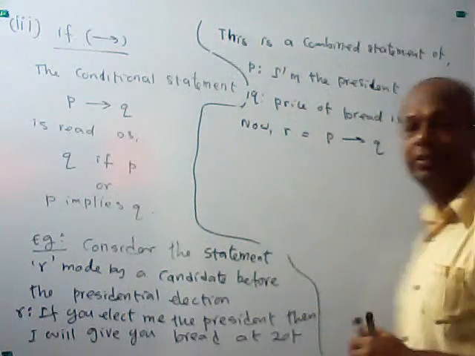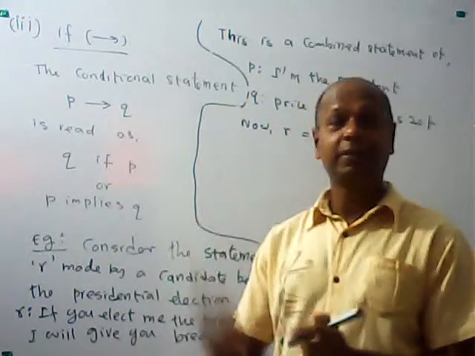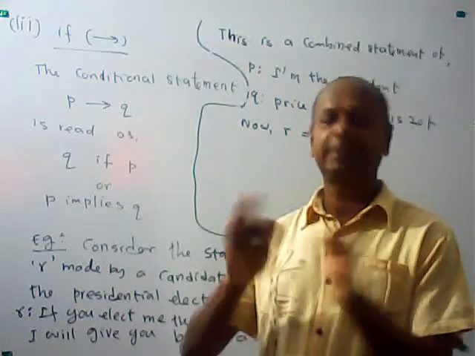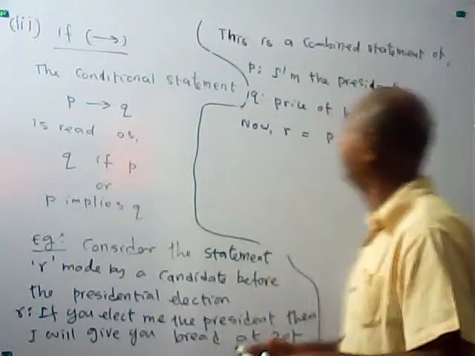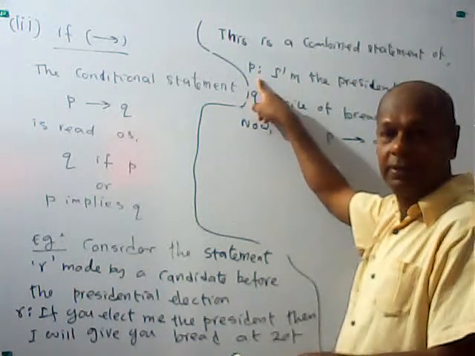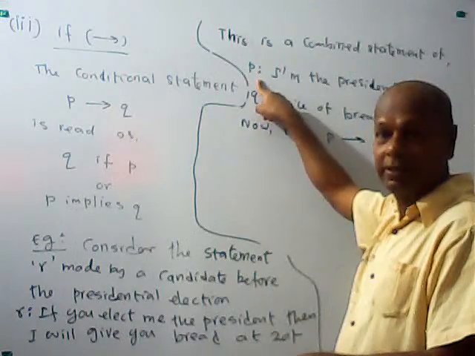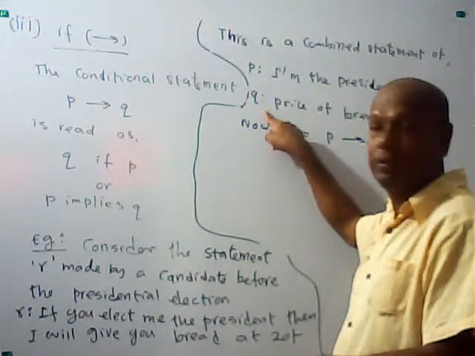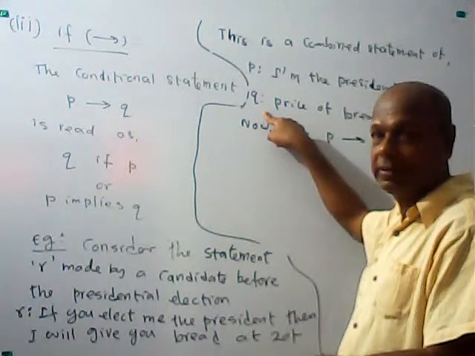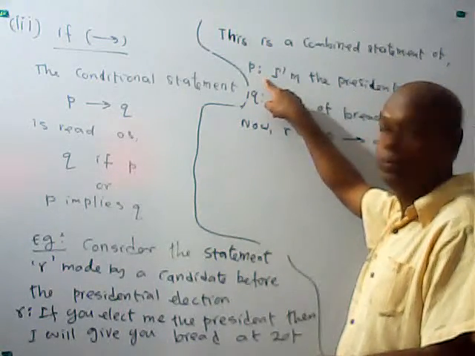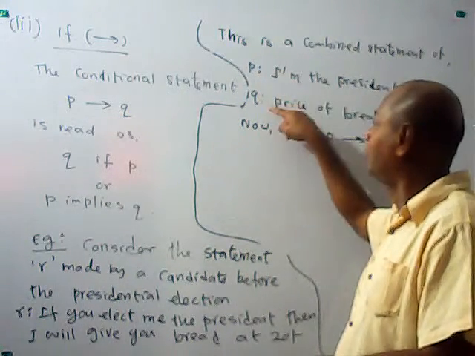Right. Now the election is over. See, now it's a year after the election. Now you can check the validity of P, and you can check the validity of Q also, because the election is over. So you find the true or false of each.